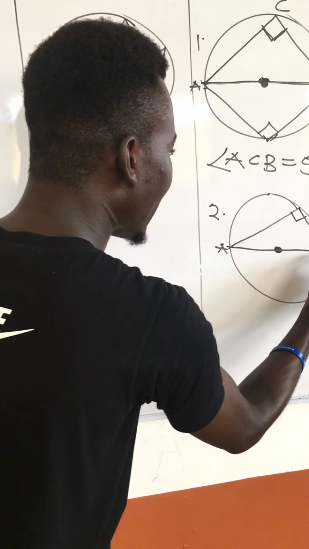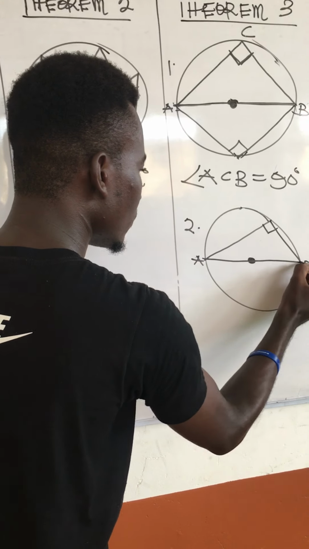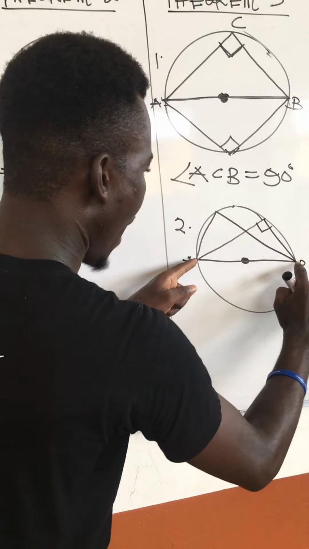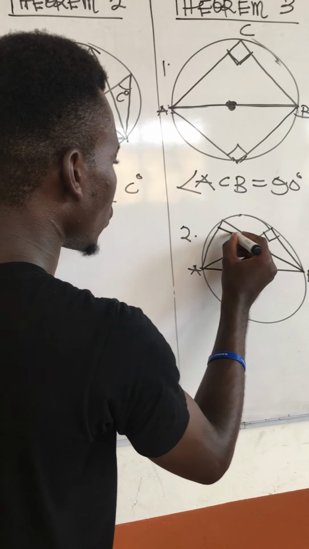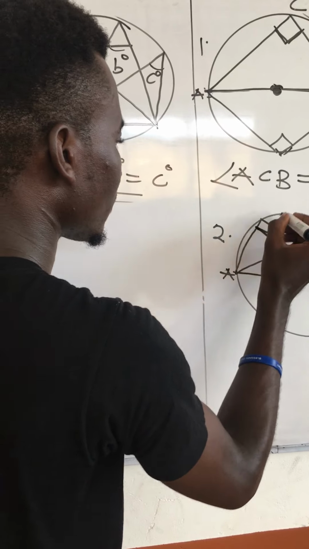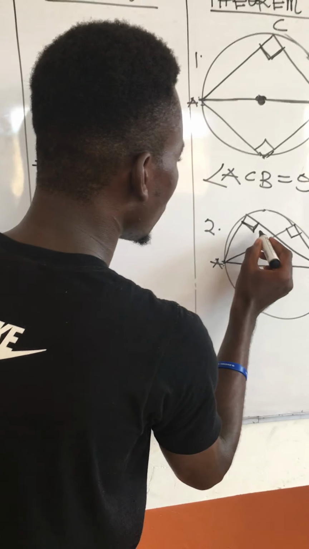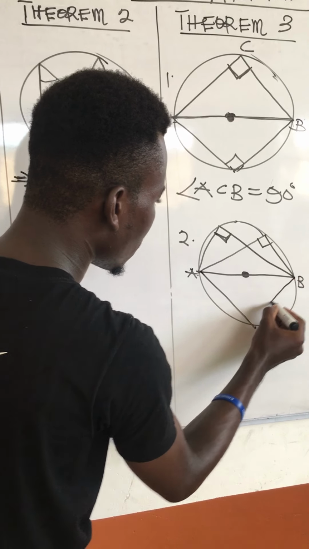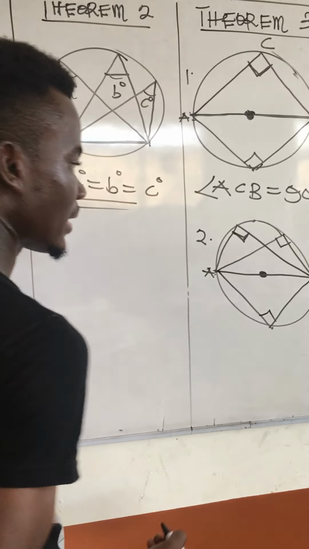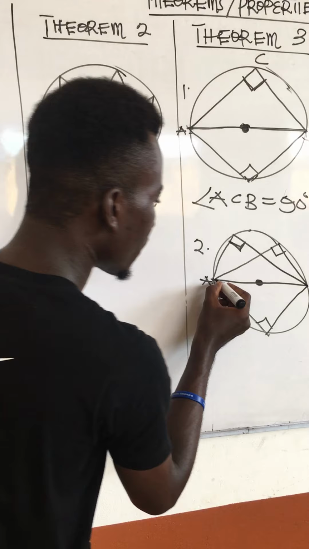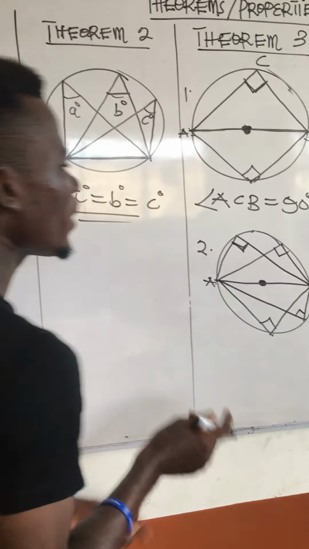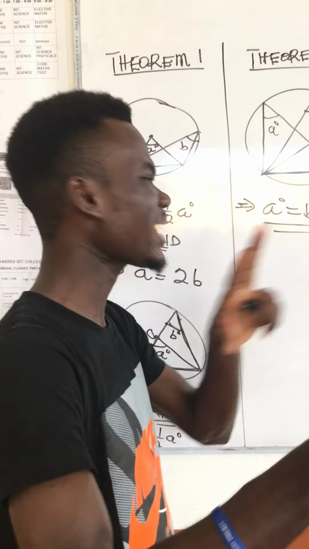The same diameter again here can also form 90 degrees. Down here can also form 90 degrees, and again from here it can also form 90 degrees. So 90 degrees can be drawn at any side.